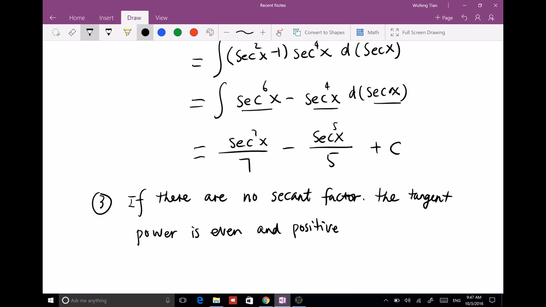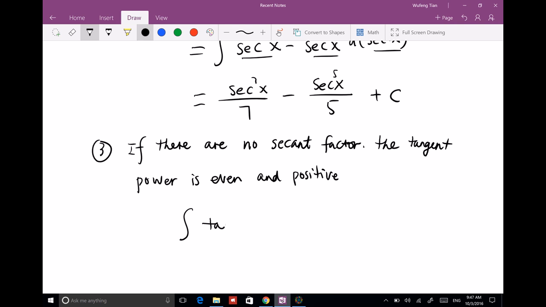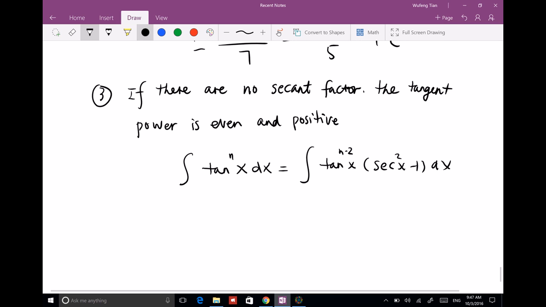What we have is tangent x to the power n dx, and you can take a square, tangent x to the n minus 2, and secant x squared minus 1 dx. Okay, for example, wait, it's not even. How tangent is even and positive, convert that into that.